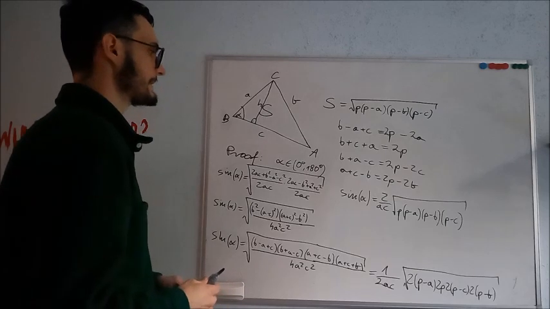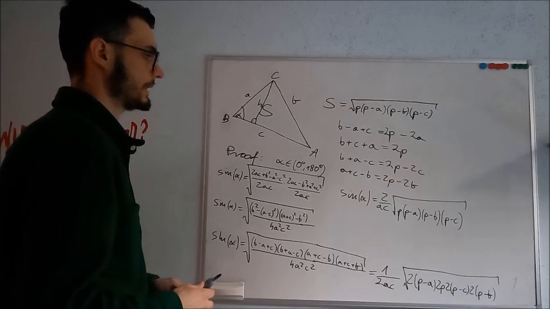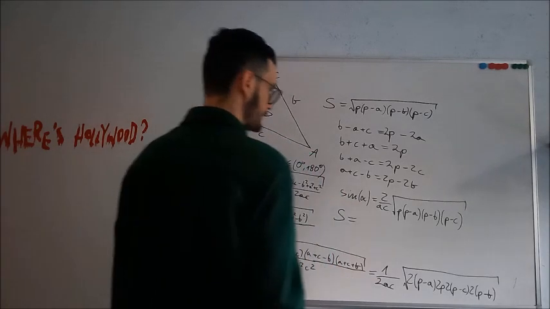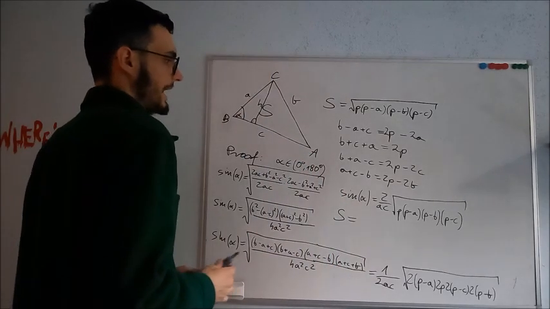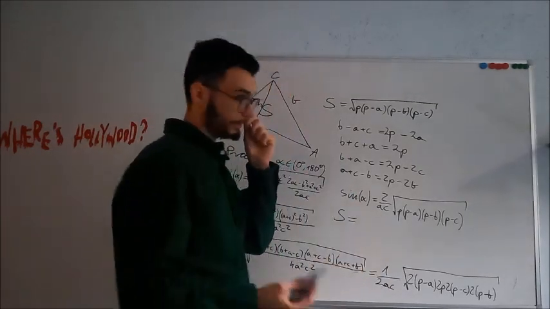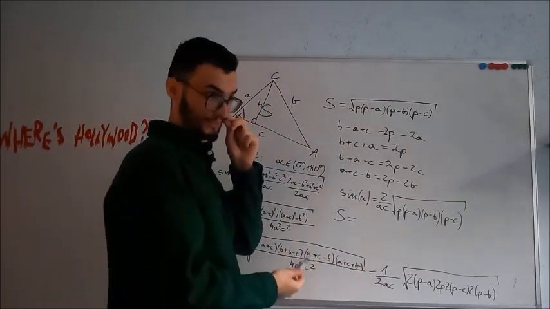Okay, and now let's substitute the sine alpha in our formula for the area of a triangle, which we proved at the beginning of this proof.